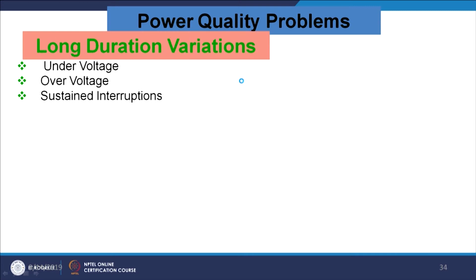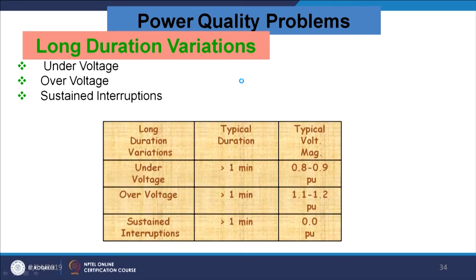So, long duration variations, you know that they are undervoltage, overvoltage, and sustained interruption; these are the parameters. Undervoltage for more than 1 minute is 0.8 to 0.9 pu, overvoltage is 1.1 to 1.2, and sustained interruption is a total blackout, it is 0.